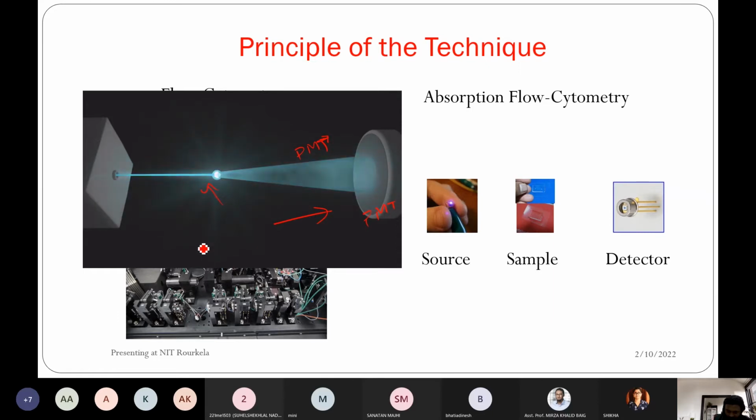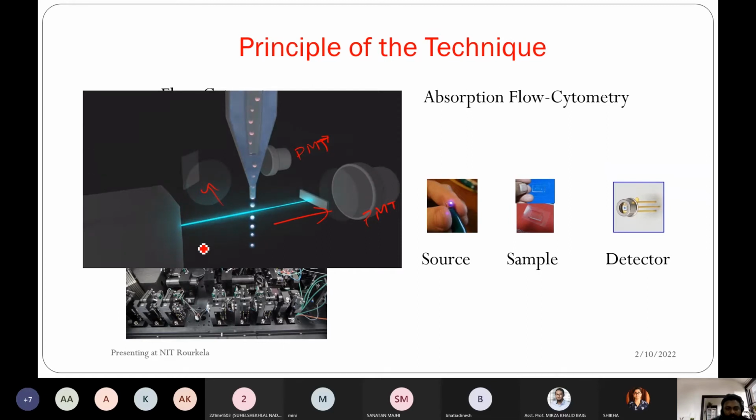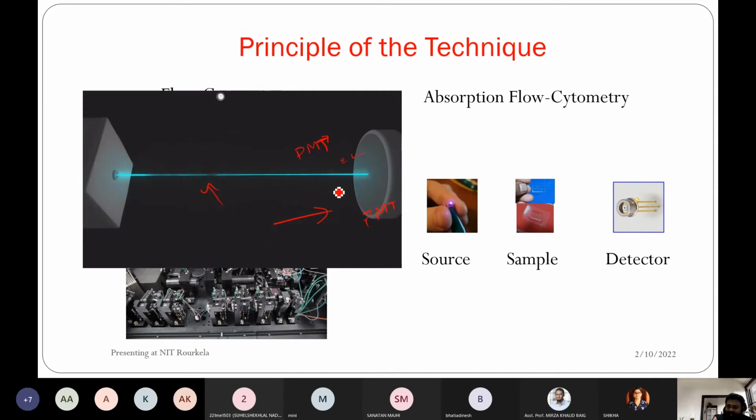So we thought, basically here you would be using a high power laser source, and each and every PMT itself costs close to 2 lakhs. Each PMT.